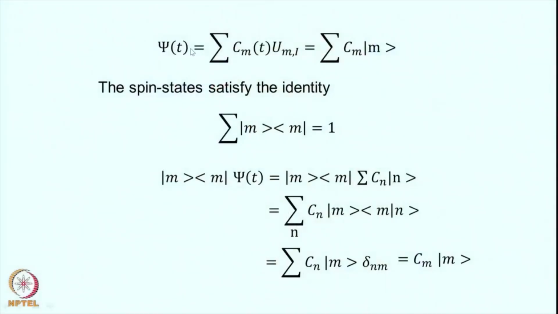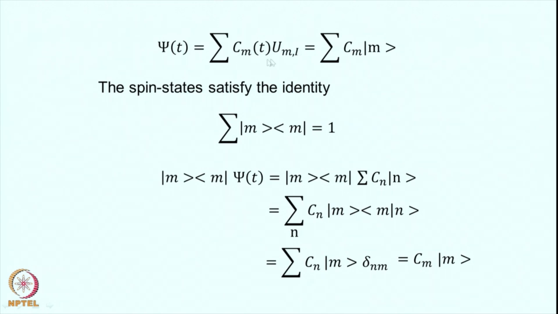Now, this is the same equation which we wrote earlier in the first class, that any state is represented by a wave function. The wave function is written as a superposition of the various states. These are the so-called basis states, they form a basis set, the um are the eigenstates, and this is the superposition of all the basis states, and the cm's are the coefficients which contribute to the superposition.